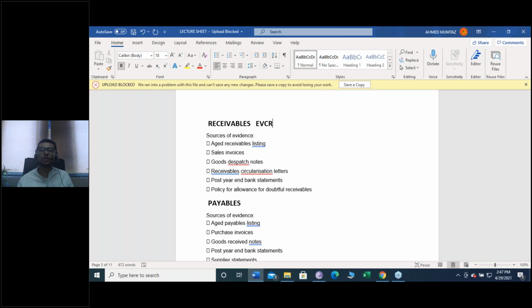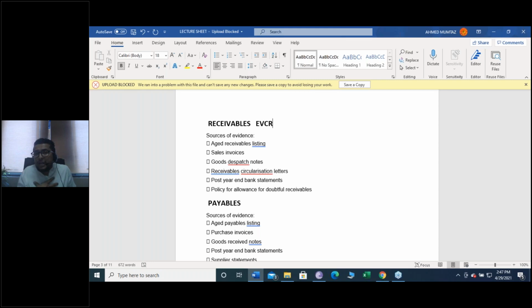EVCR. In order to verify, another way could be that maybe you would like to select a few samples of receivables from the client's statement of financial position, and you would like to inspect the corresponding sales invoices just to make sure that there are no arithmetical mistakes in the sales invoice, and if the discounts have been awarded, they have been awarded according to the company's policy, and there are no mistakes when it comes to discount.